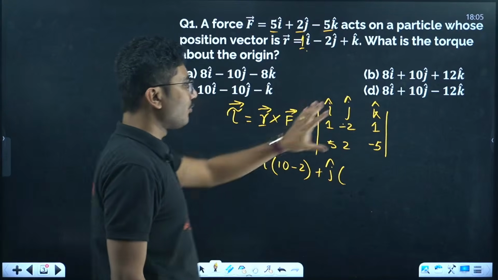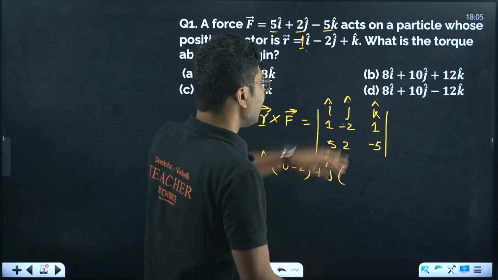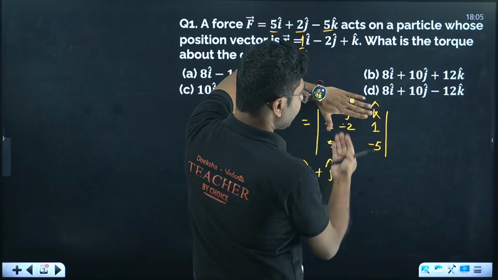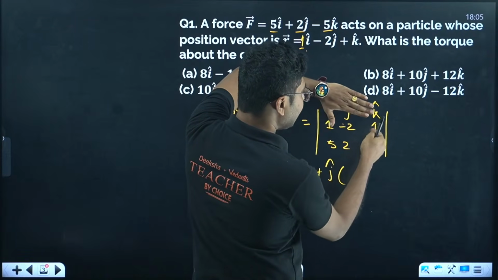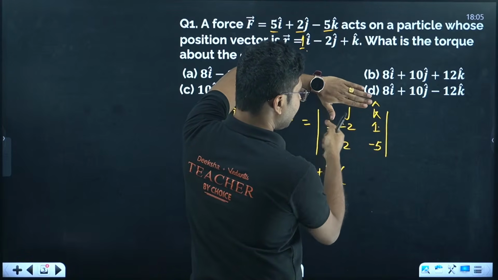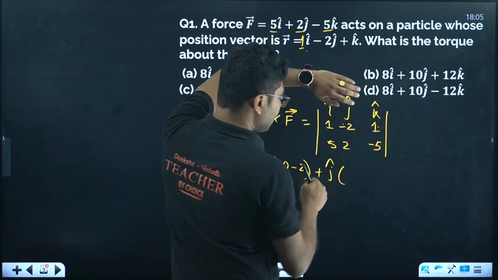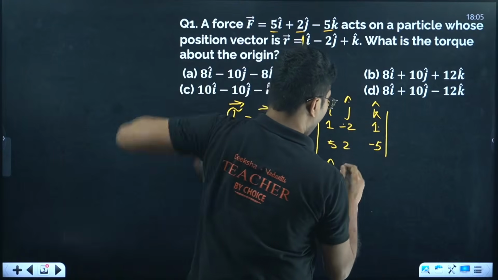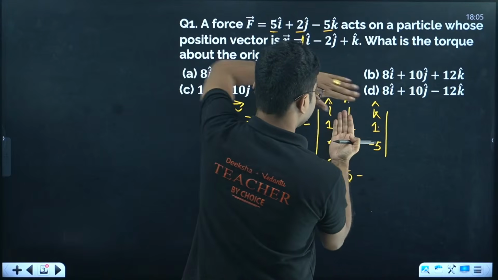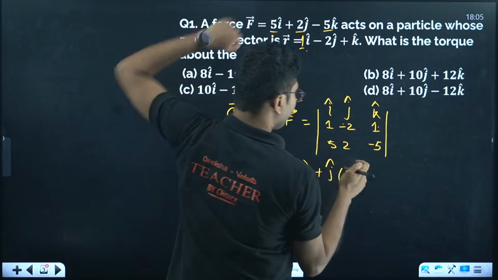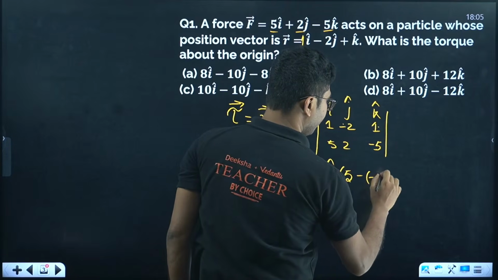Both are fine for the middle column. I generally go from here to here and then here to here, so that my sign remains positive. So 1 into 5, 5 minus 5 into plus 1, that is minus 5.